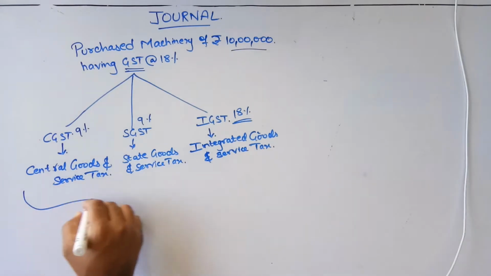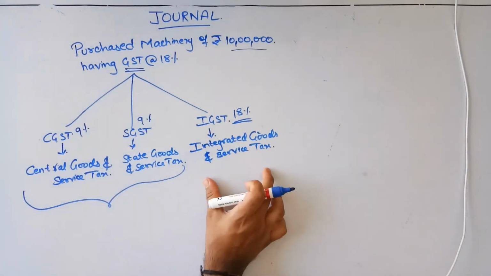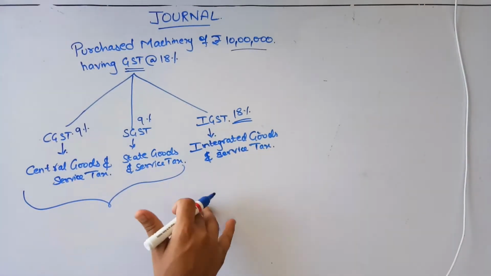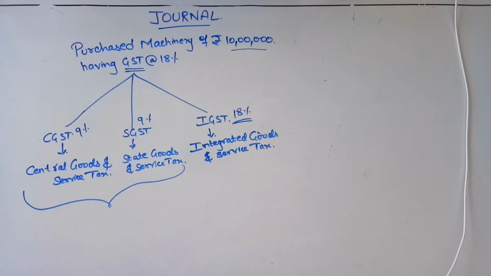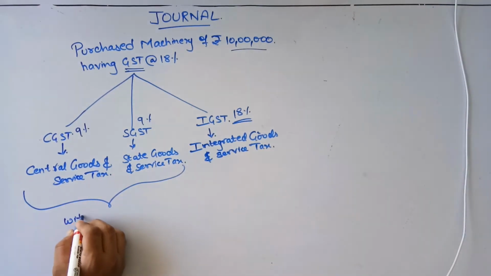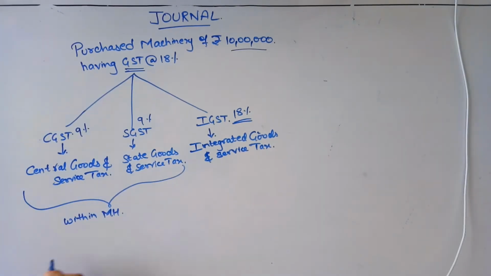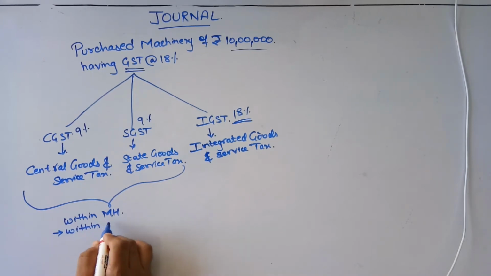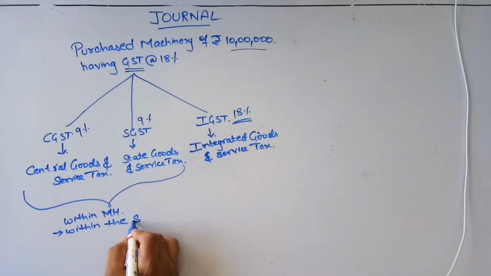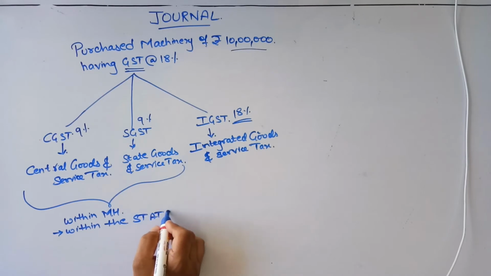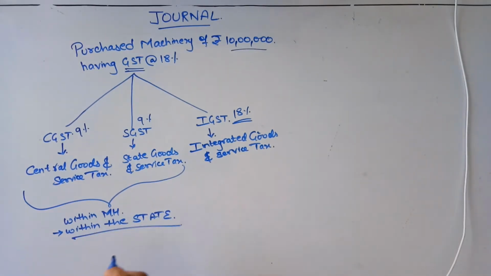See, guys, understand? This is one concept and this is another concept. When, for example, I am in Maharashtra, I am selling goods in Maharashtra itself, so that is within Maharashtra. Understood, guys? What does that mean? Within the state. In this scenario, CGST and SGST will be applicable.